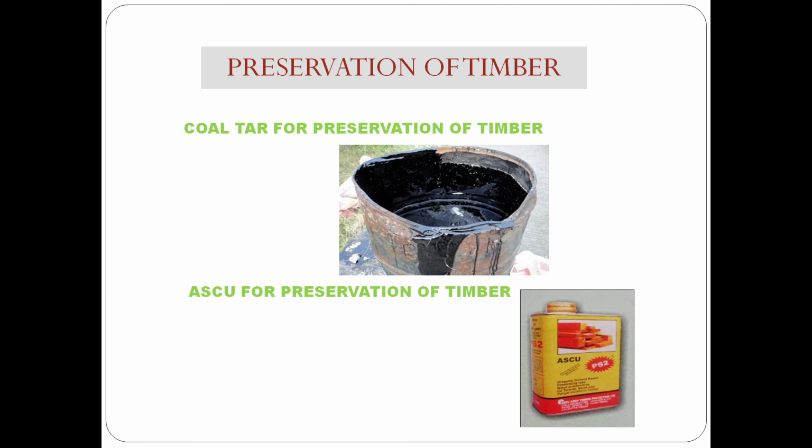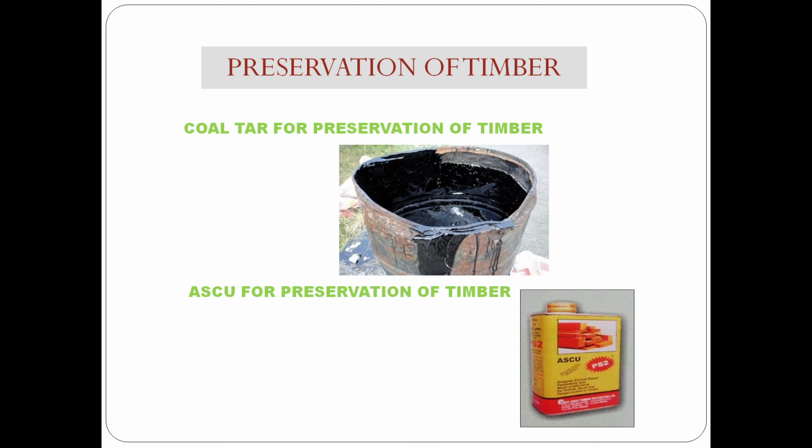ACCA preservation for timber. ACCA is a special preservative which is available in powder form. It is dissolved in water to get a preservative solution. 6 parts by weight of ACCA should be added to 100 parts by weight of water. The final solution is applied on timber by spraying.